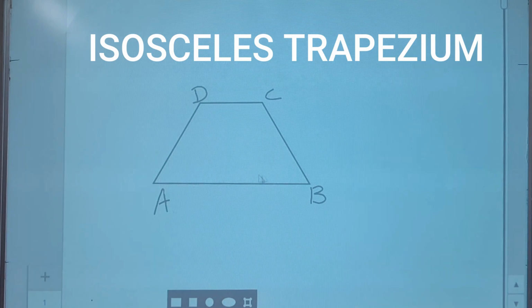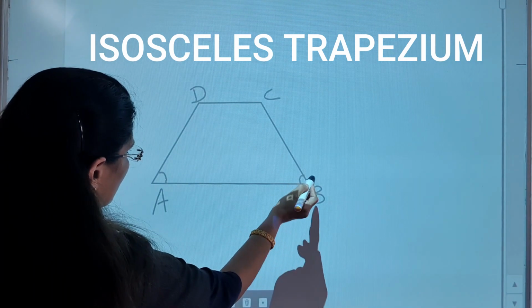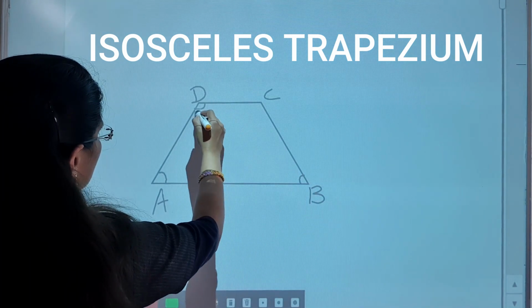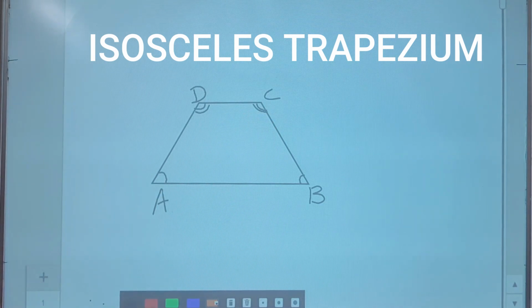Which are the parallel sides? These two are parallel sides, right? So, angles on each of parallel sides equal. That means this A and B and C and D are equal. That means angles A and B are equal. These two are parallel sides, right? So, angles C and D are equal.